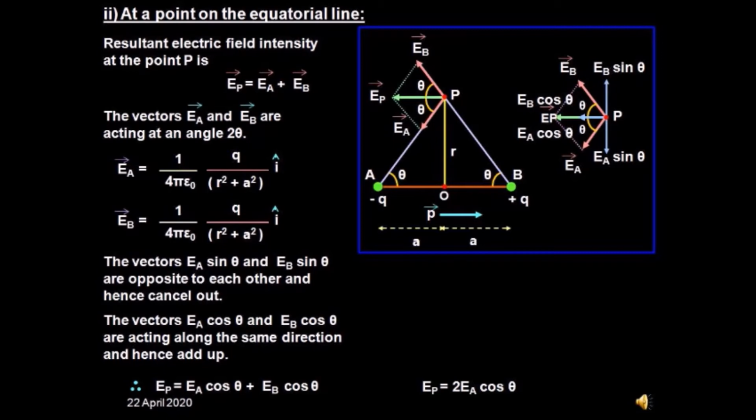So at A, if we assume the interior angle theta of the triangle, then at B also the angle will appear theta only, because APB triangle is an isosceles triangle. And we have to finally reach the angles near EA and EB with respect to the horizontal line.